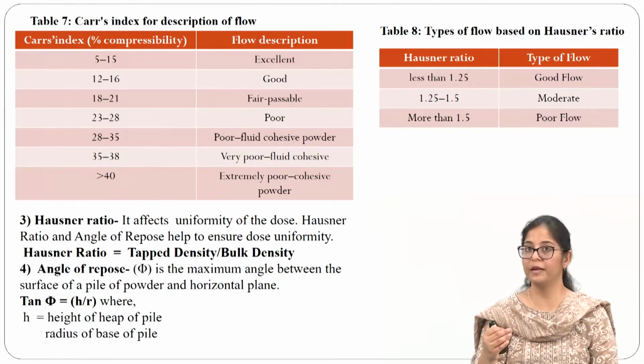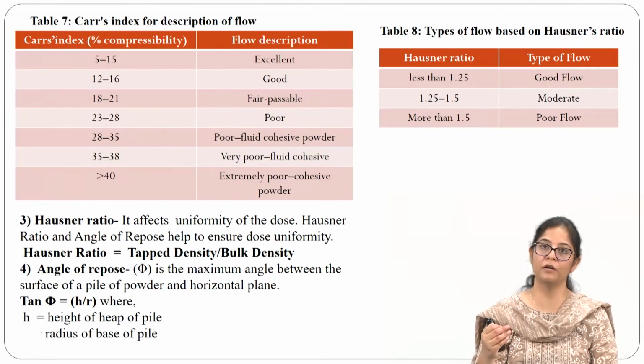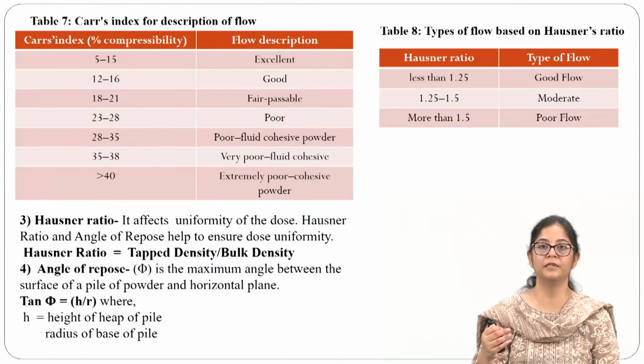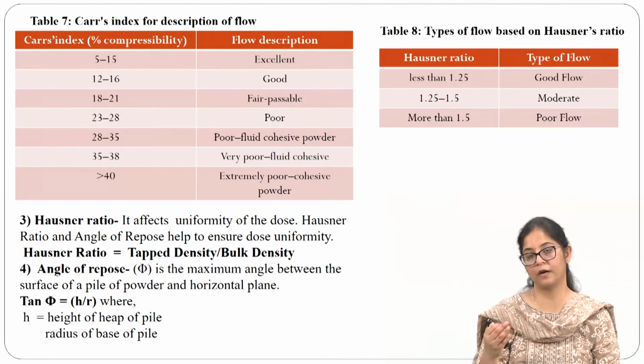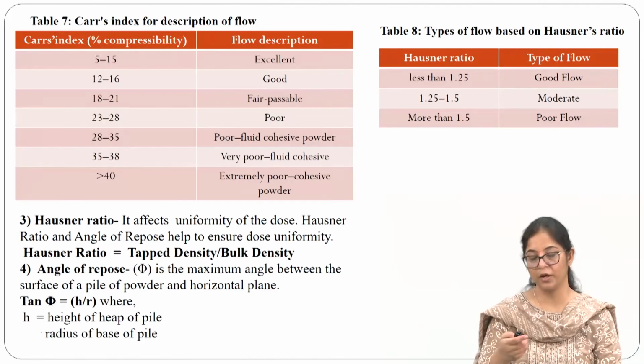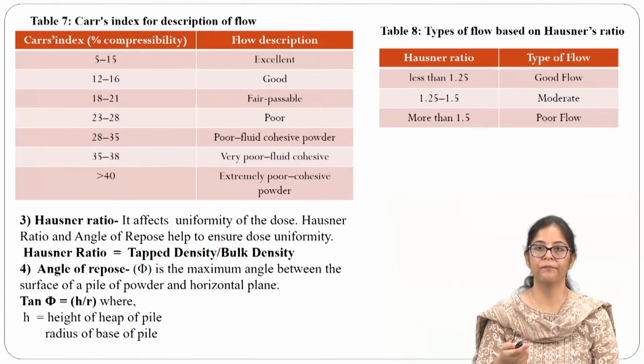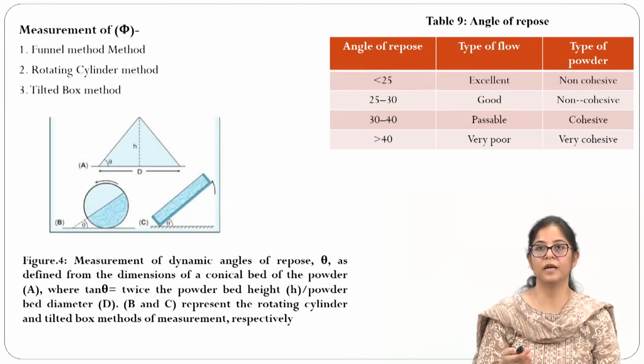So coming in line with this, as we were talking of another parameter, that is flow. So angle of repose is again a parameter which is used for determining the flow property. So theta is the angle of repose, and we find out tan theta, which is equal to h by r. We will see how it is calculated.